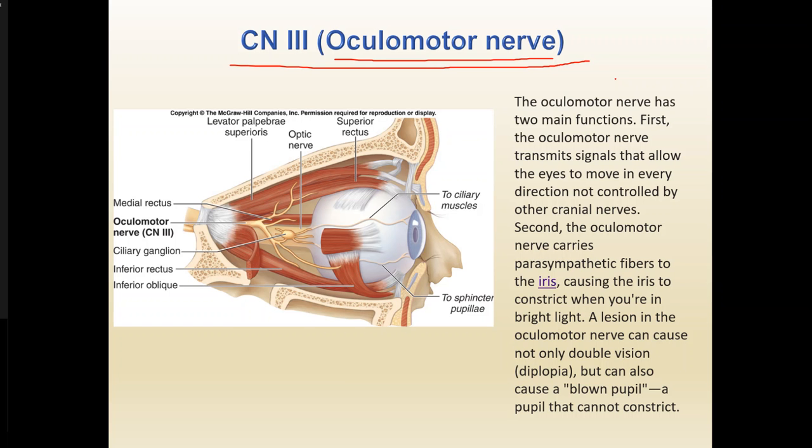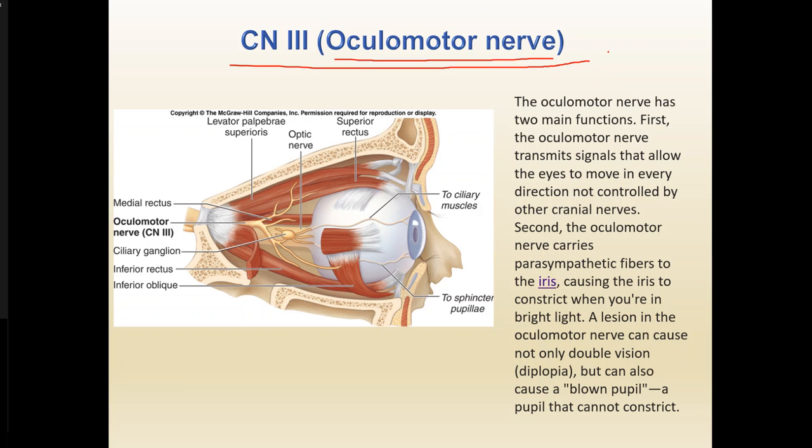So there is a movement, kind of like a voluntary movement, which is directed by voluntary fibers, and then there are parasympathetic fibers that specifically travel to the iris.